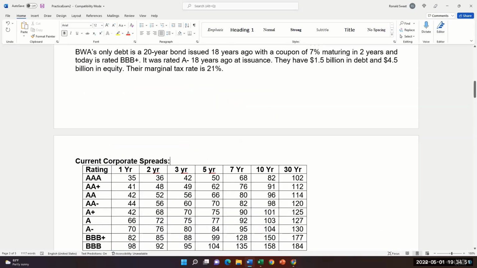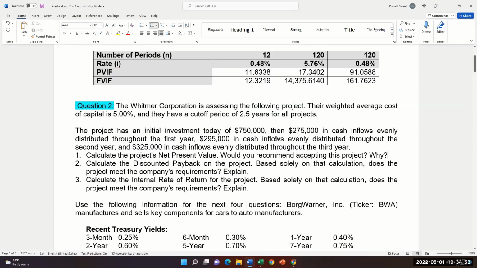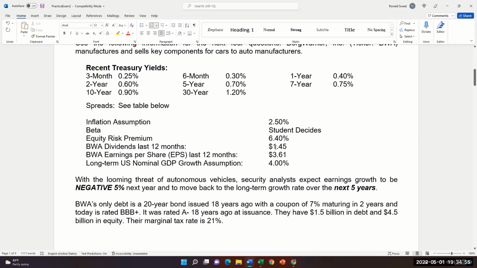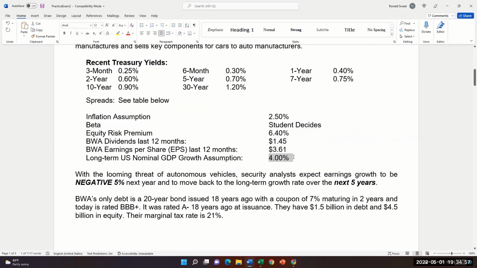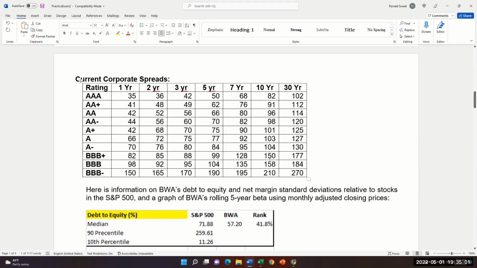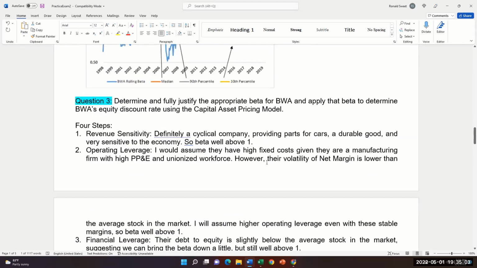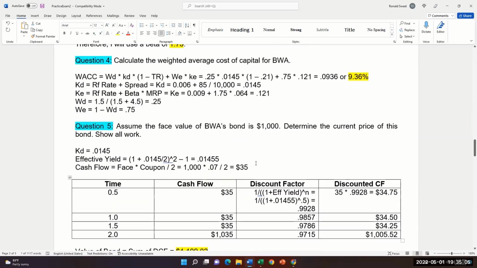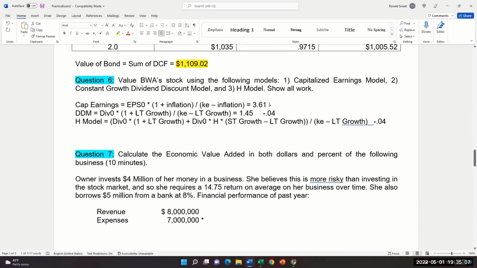What else do we have here? So our dividends was $1.45, earnings per share 3.61. Our long-term growth is 4%. Inflation's 2.5%. Our KE was whatever it was, 12.1%.